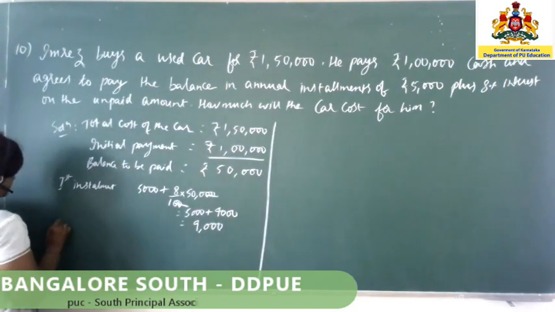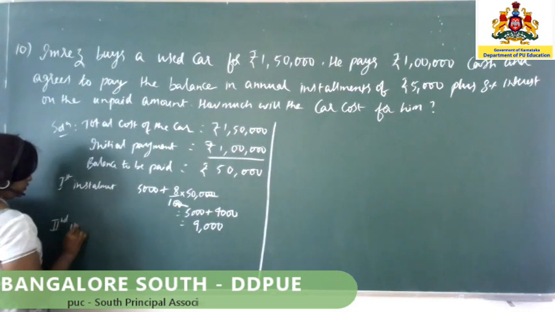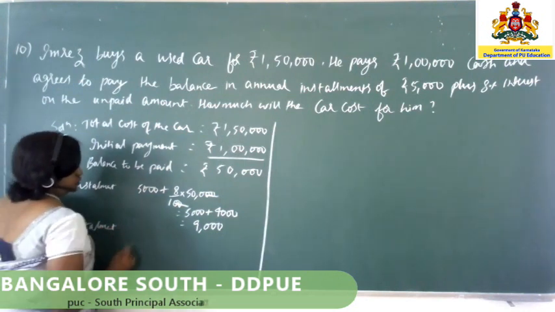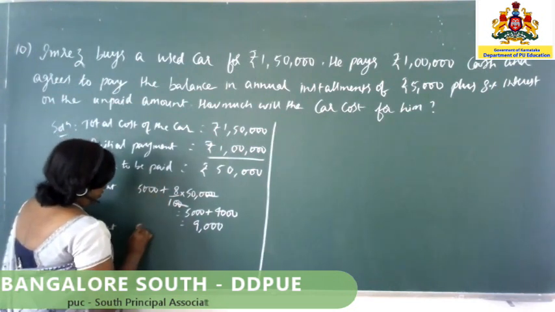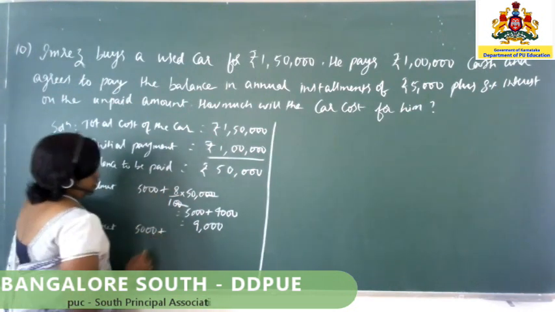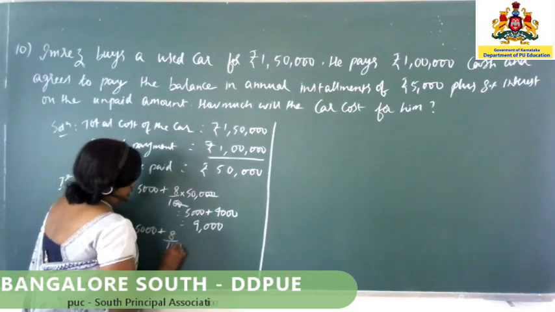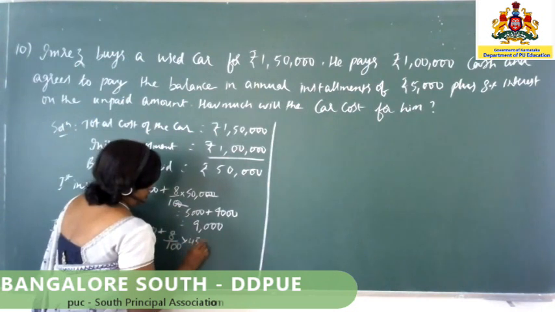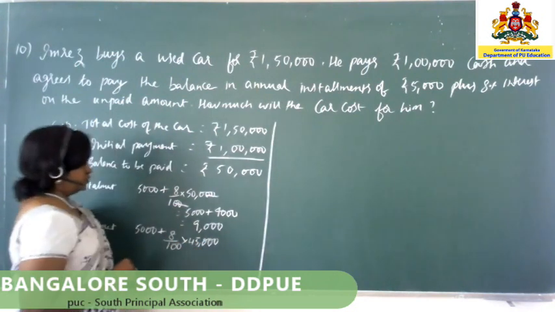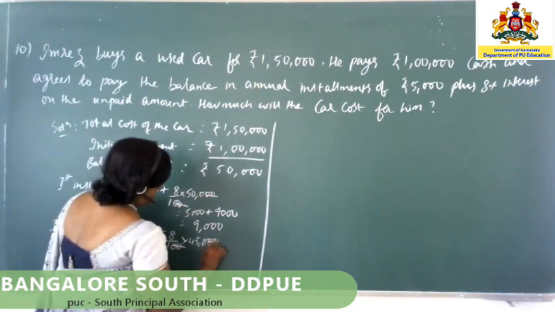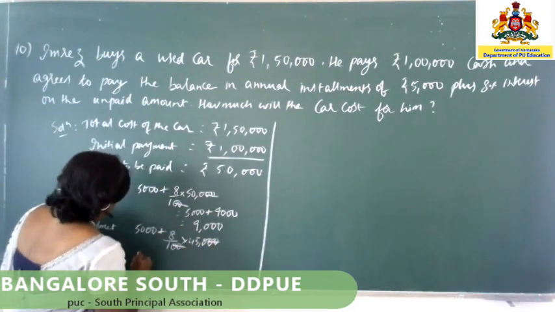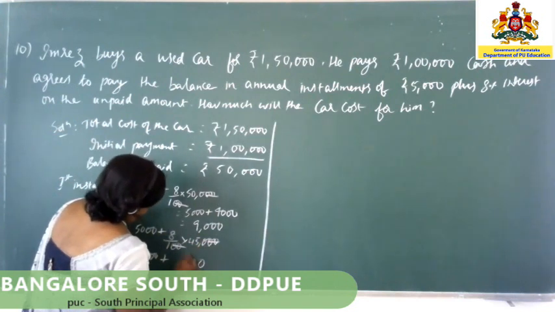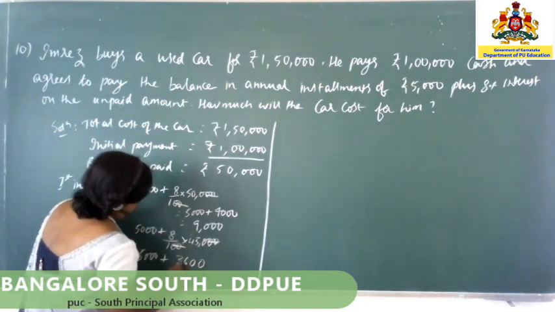So the second installment will be 5,000 plus 8 by 100 into 45,000. So the zeros cancel. 5,000 plus 8 into 45 is 3,600.